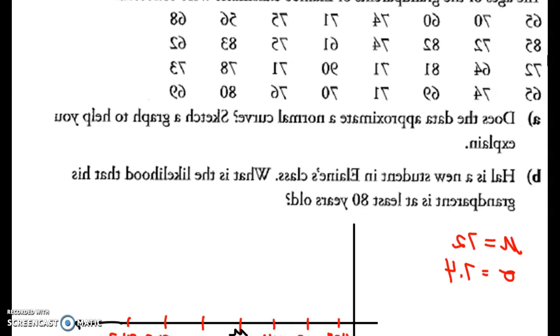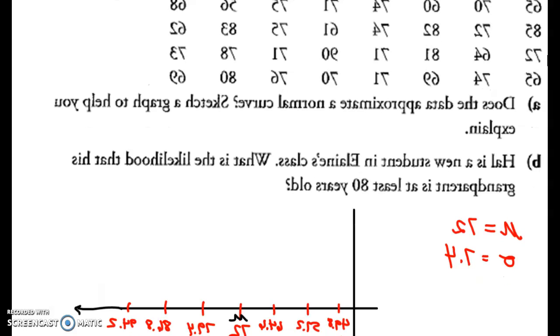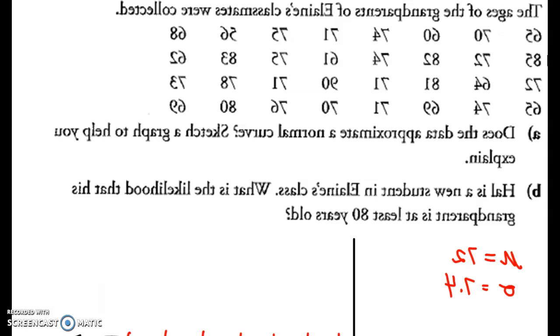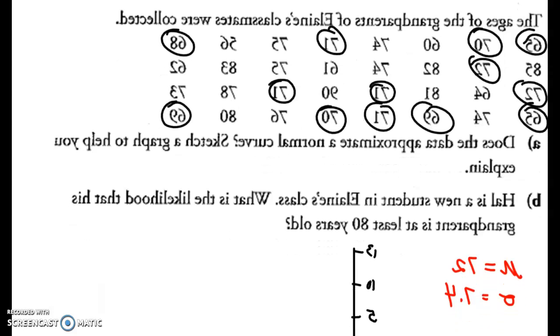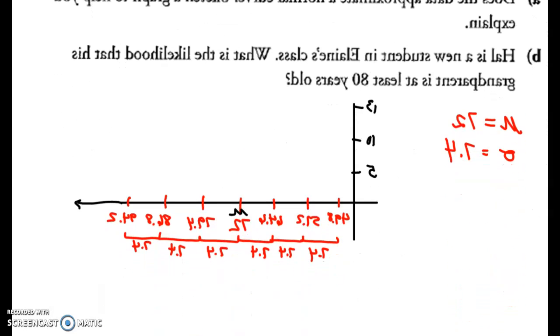So we would count, okay, between 64.6 and 72, how many pieces of data are in there? I counted, and there are 13 pieces of data in that range.